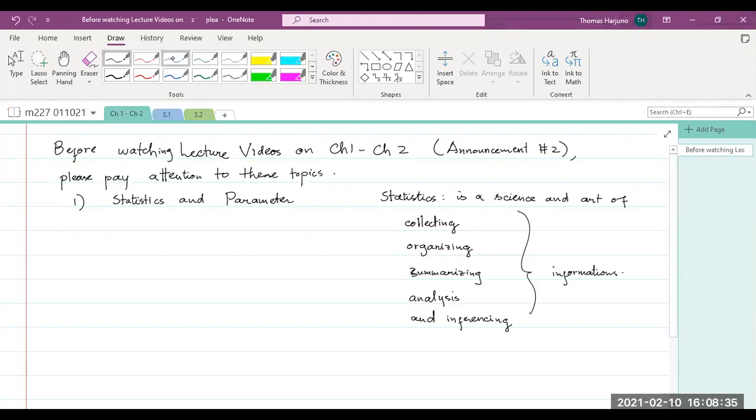Now collecting data, basically you do sampling. Once you collect the data, then you organize that, make it easier to see, easier to understand, and better to see, pleasant to see.